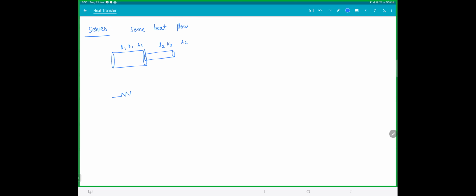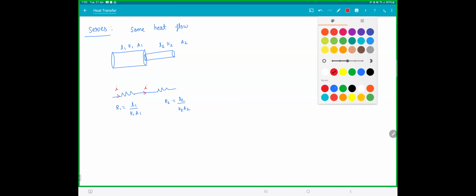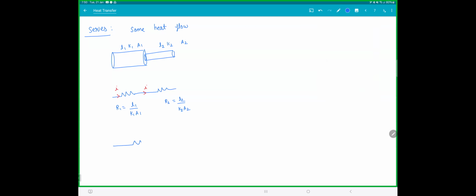These can be replaced with two resistances. This is R1, which is L1 by K1 A1. This is R2, which is L2 by K2 A2. Basically, they'll have the same current flow. You can replace this with one resistor, R equivalent, which is R1 plus R2. Makes sense.